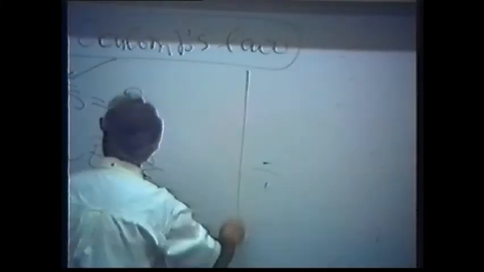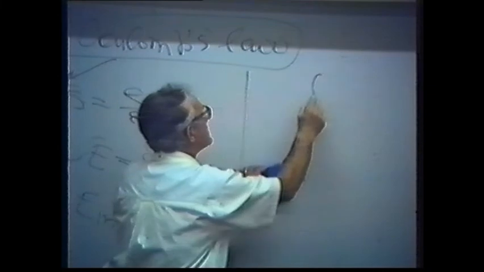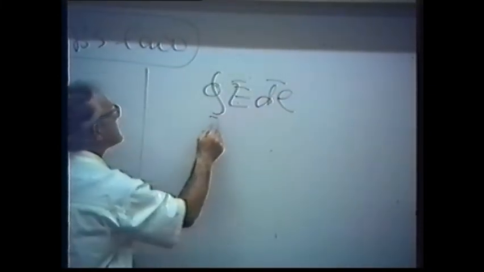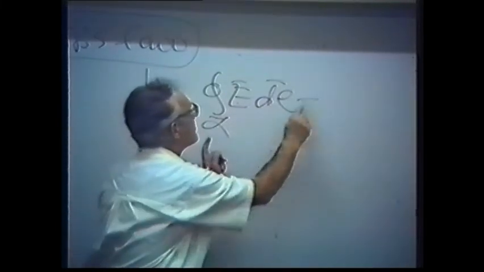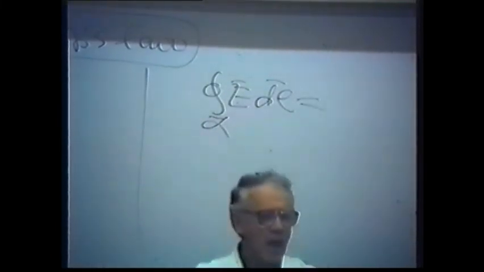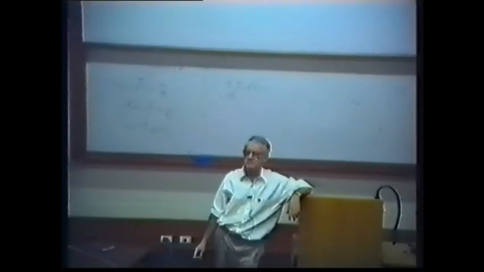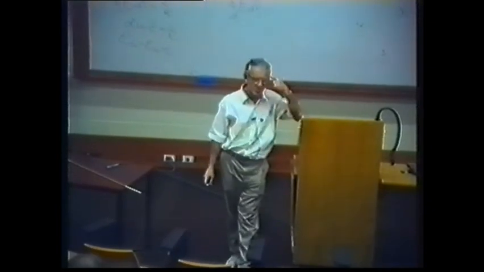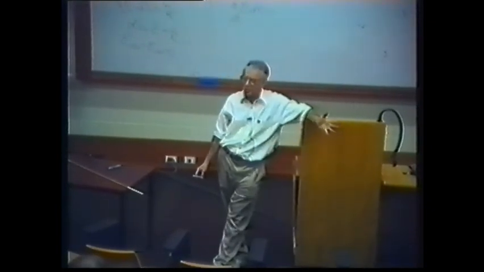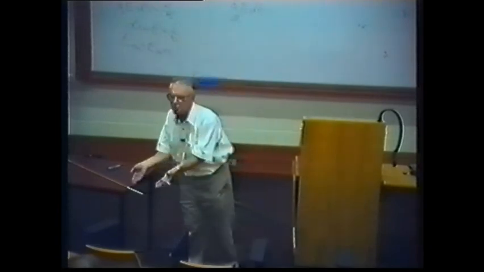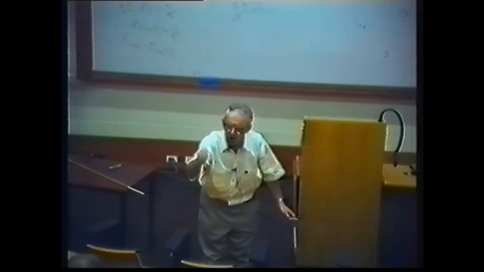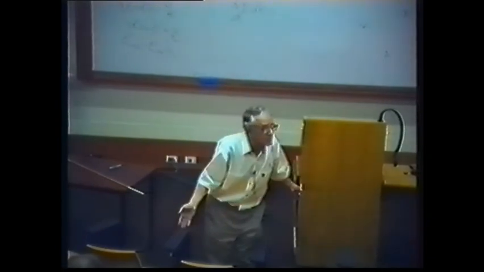Now, I would like to find the circulation of the electrical field along a closed path. Tell me, please, according to Coulomb's law, what is the value of this integral? No derivation, only thinking. Zero, because Coulomb's law tells you only what creates the electrical field? Charges. So no vortexes.